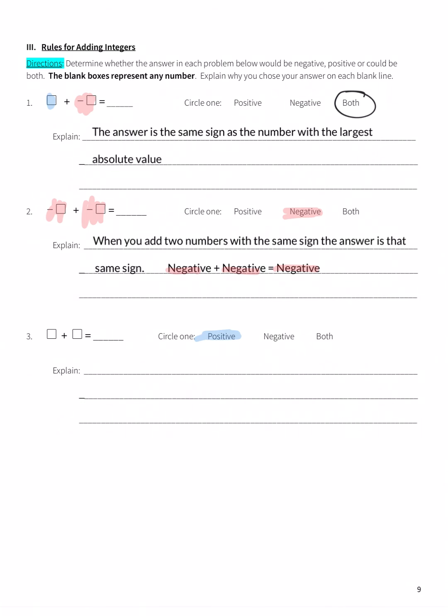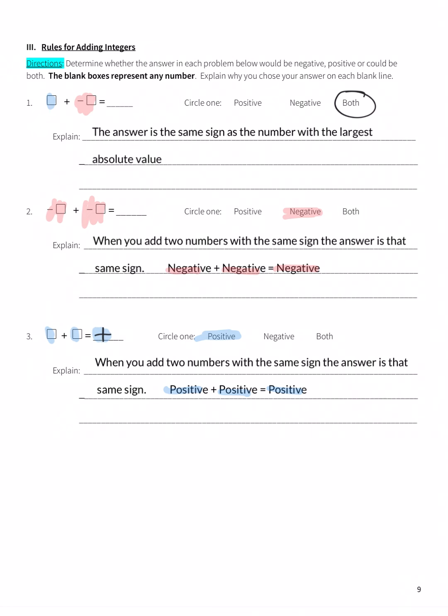And why is that? When you add two numbers with the same sign, that answer is that same sign. So you should have this in your notes. What does that mean? A positive plus a positive equals a positive.